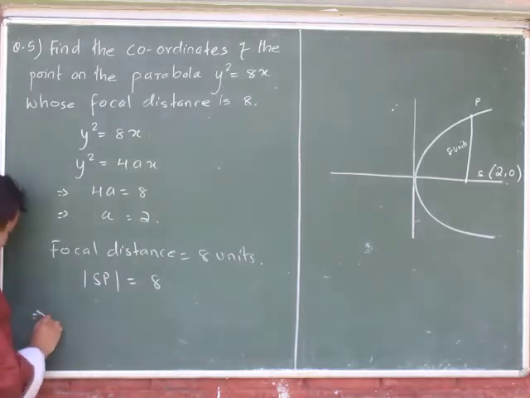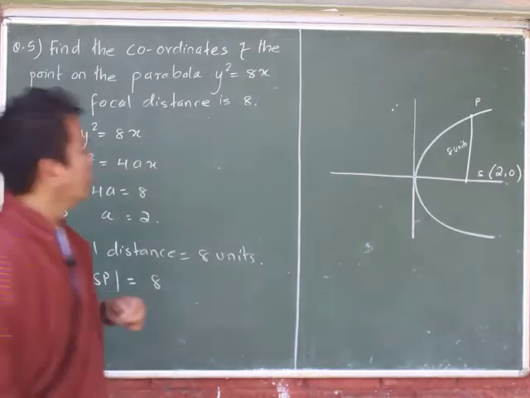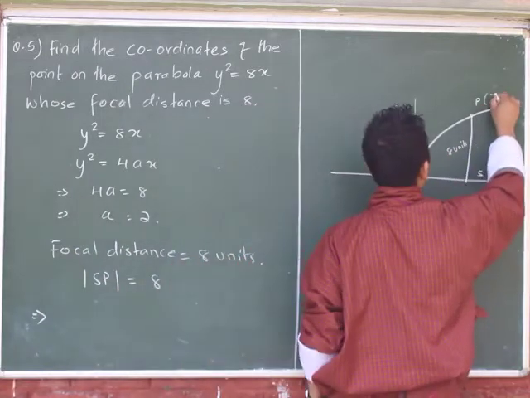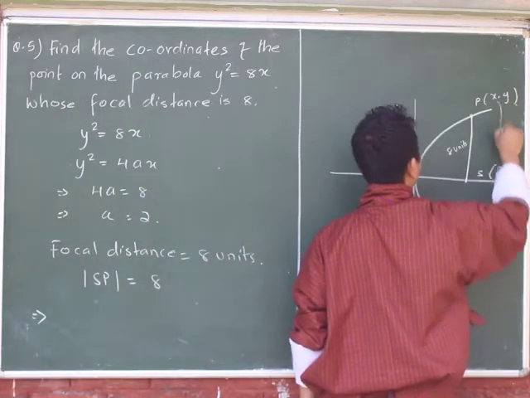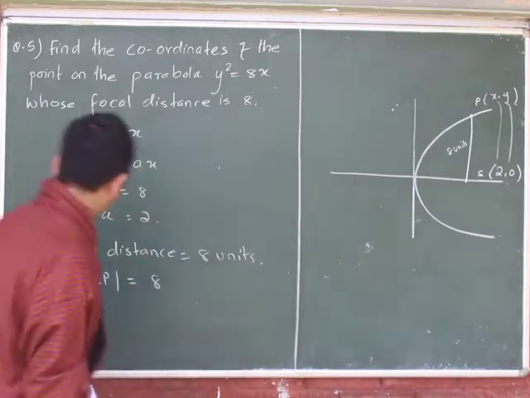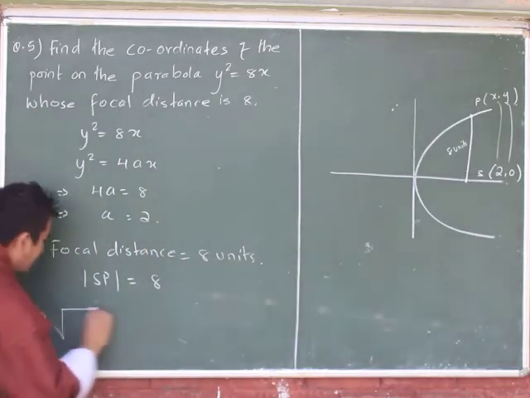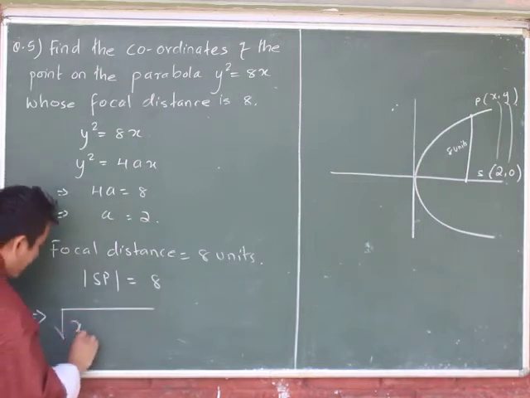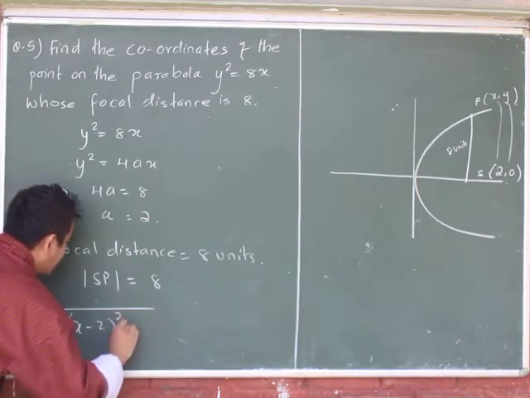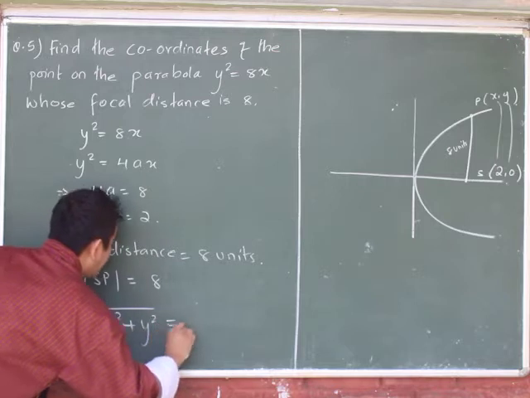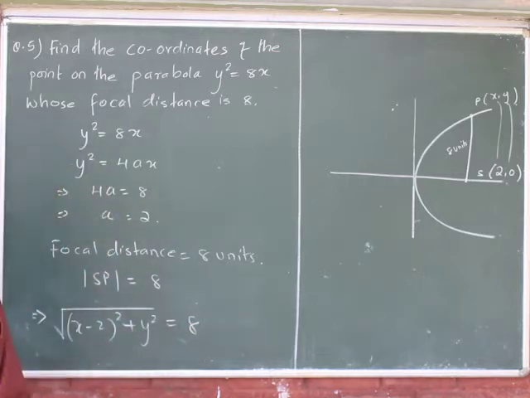SP is a distance between 2 points. Let me take this point as (x, y), then you join these two as usual. Use the distance between 2 points formula, that is root of (x minus 2) whole square plus y square, equal to 8 units.